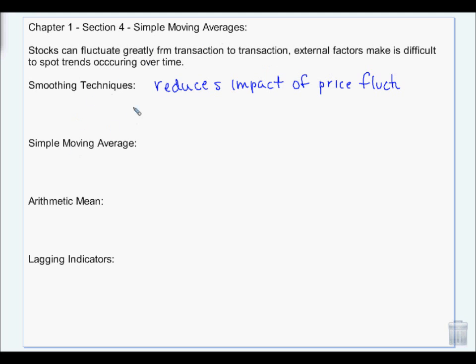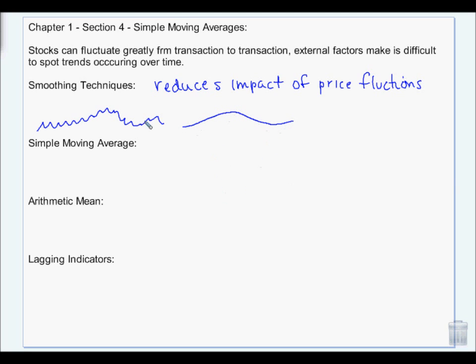Simple moving averages, we'll talk about those, but right now we're talking about the smoothing techniques. They reduce the impact of price fluctuations, because if you did a line graph of the price fluctuations happening in stocks, it's really hard to look at. The smoothing techniques will make it more like this.